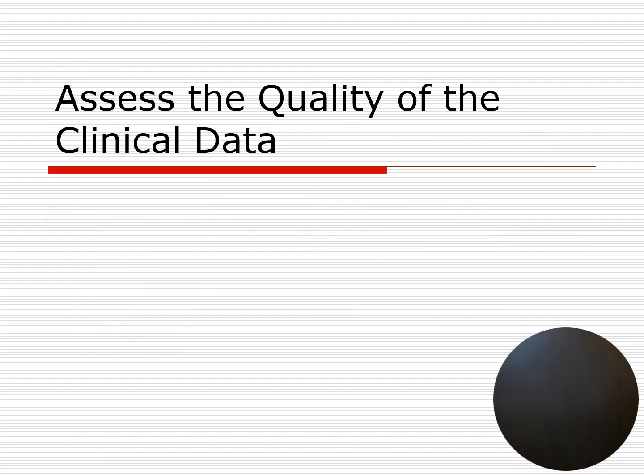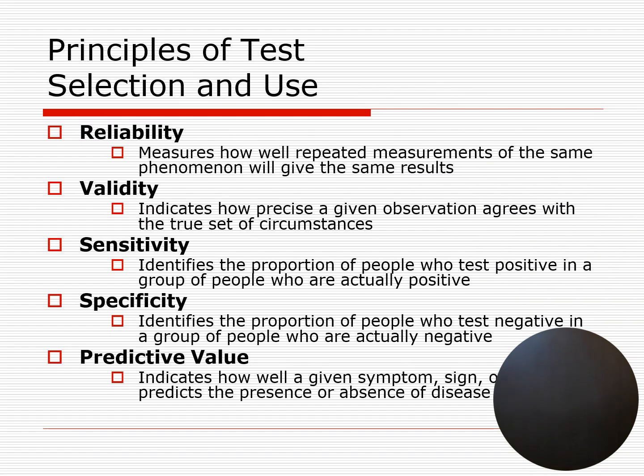So how do we assess the information that we have when we think about the clinical data that we get? I'm going to take you back a little bit to your research that you've had in previous schooling. Terms that are very important. Knowing the difference between reliability, validity, sensitivity, specificity, and predictive value.